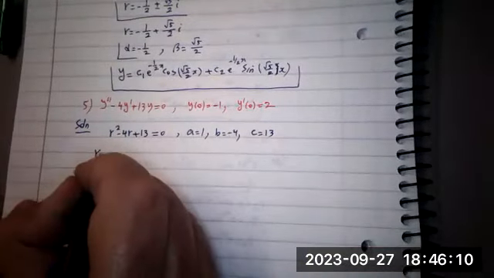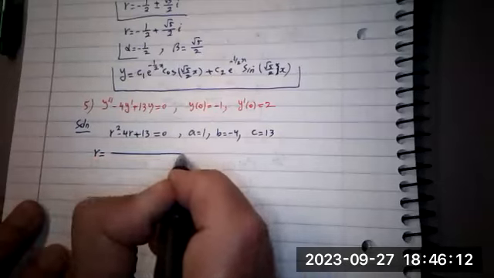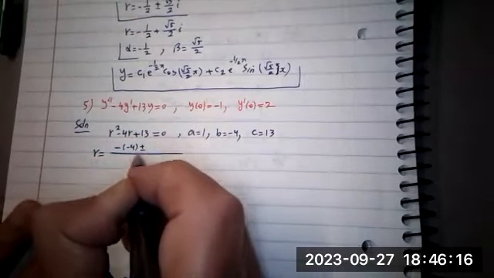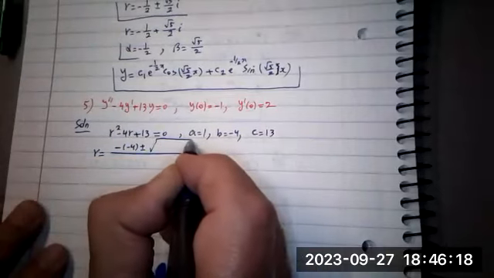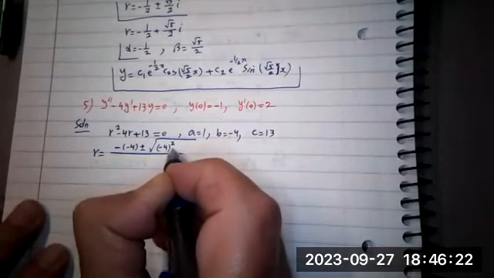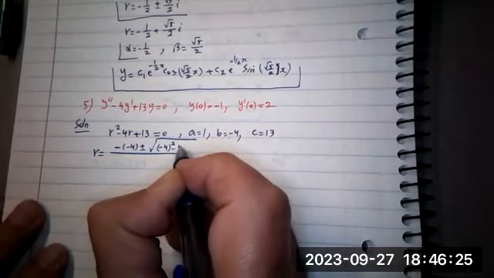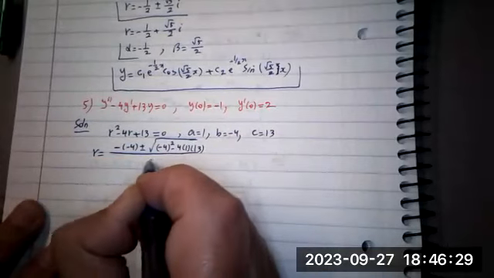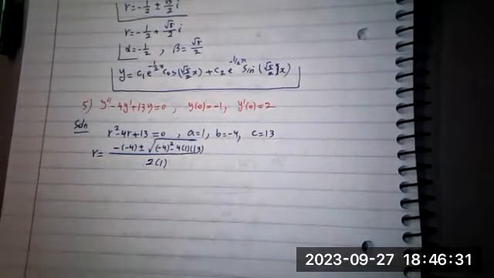So r is equal to negative b, which would be negative negative 4, plus or minus the square root of b squared, negative 4 squared, minus 4ac, 4 times 1 times 13, divided by 2 times 1.